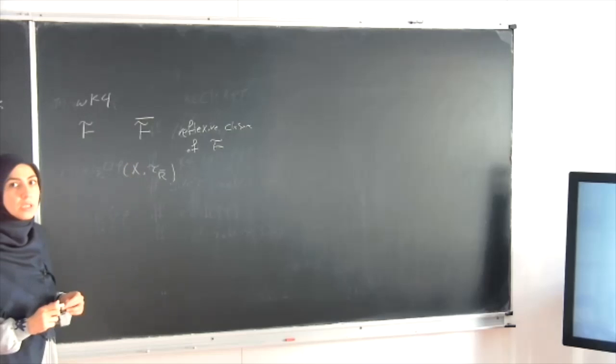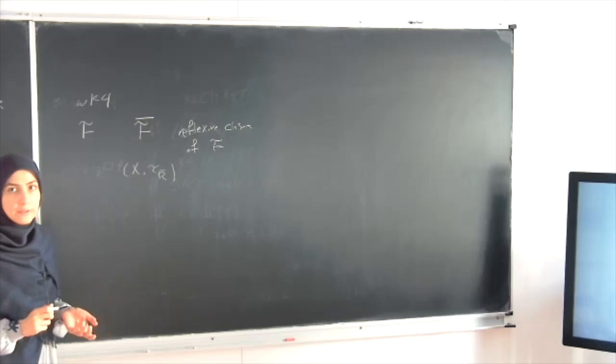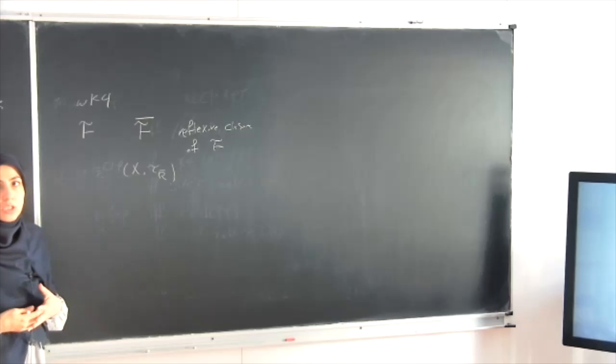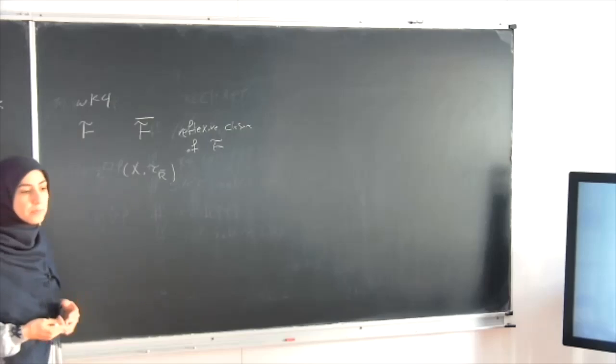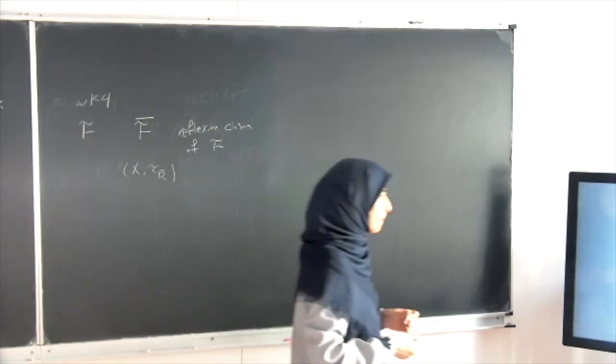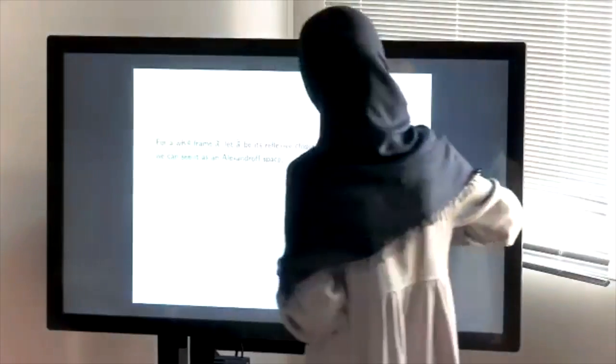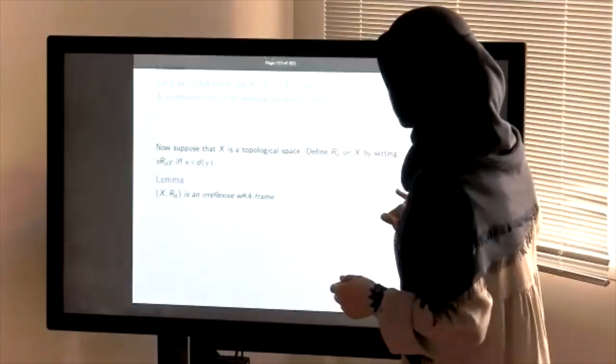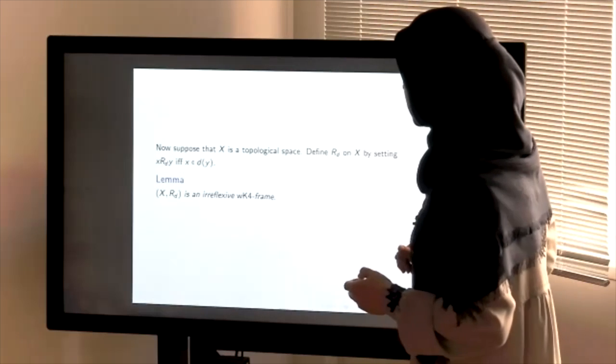So when we consider the Alexandrov topology over F, it cannot consider which point was reflexive or which one was not reflexive. We saw this lemma yesterday.